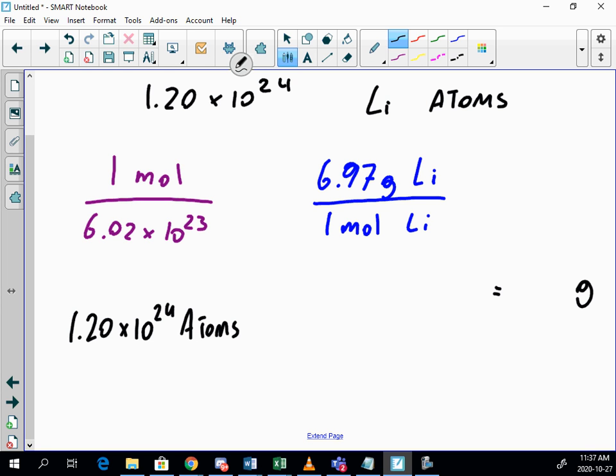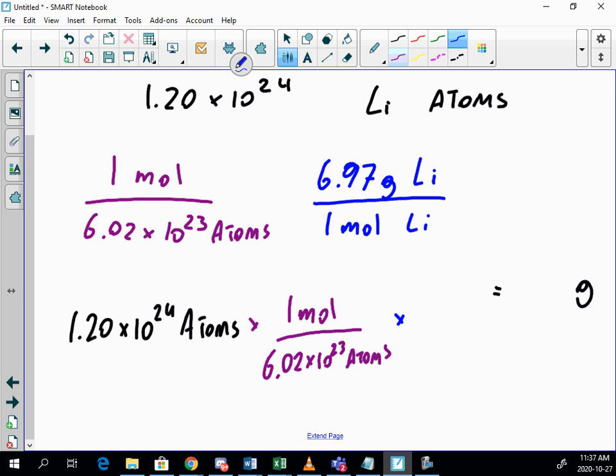So if I multiply by the purple conversion factor, 1 mole, sorry, I should have atoms here, for every 6.02 times 10 to the 23 atoms. And then I multiply by the blue conversion factor, 6.97 grams for every mole of lithium.